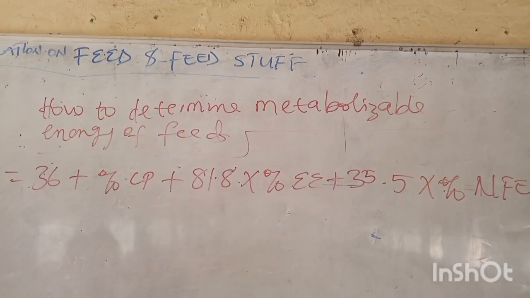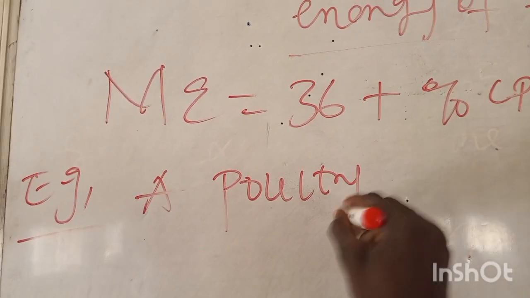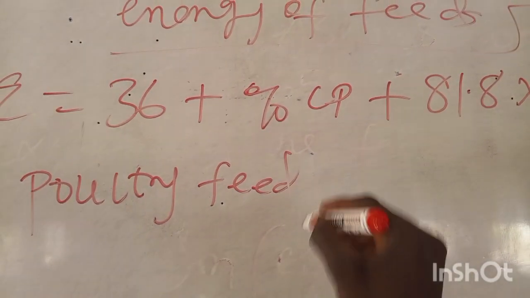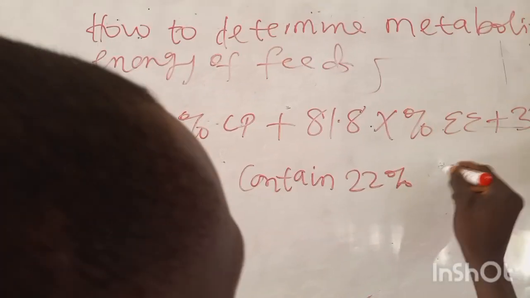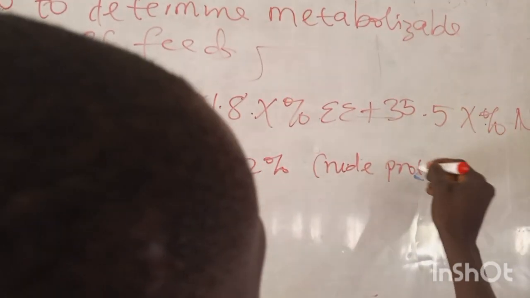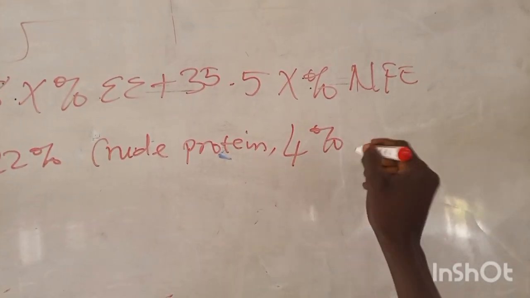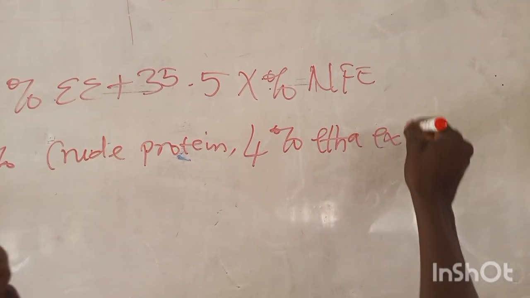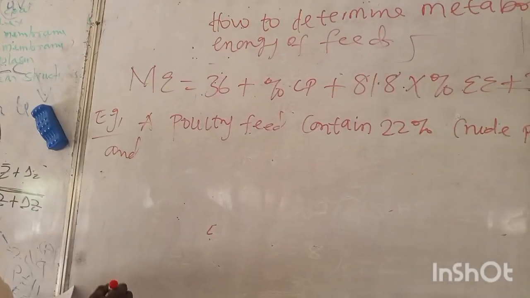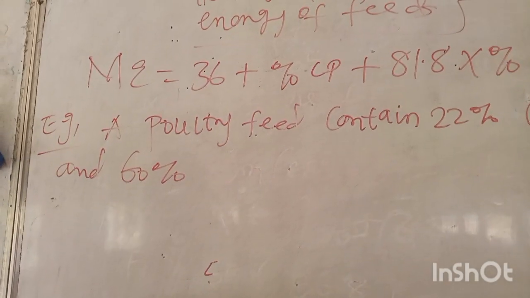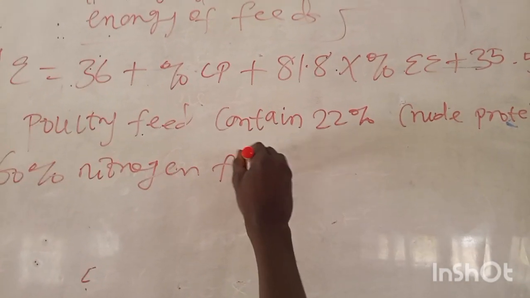So, for example, example one: a poultry feed contains 22% crude protein, 4% ether extract, and 60% nitrogen free extract.